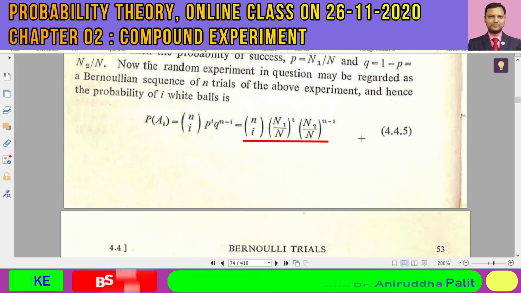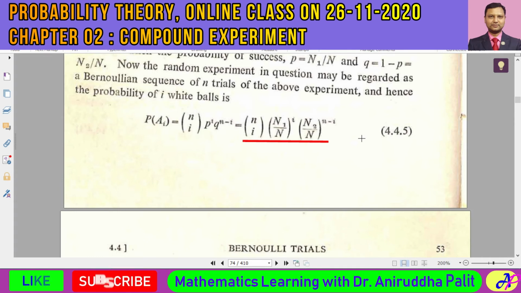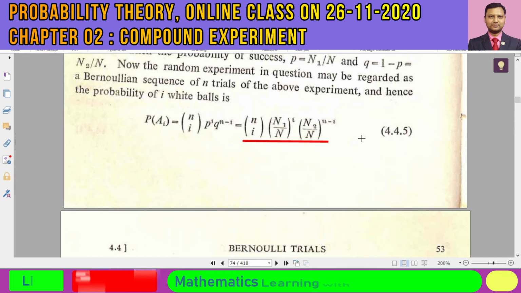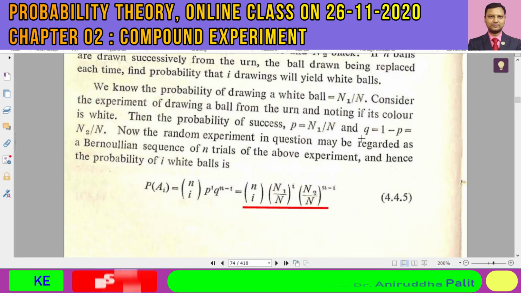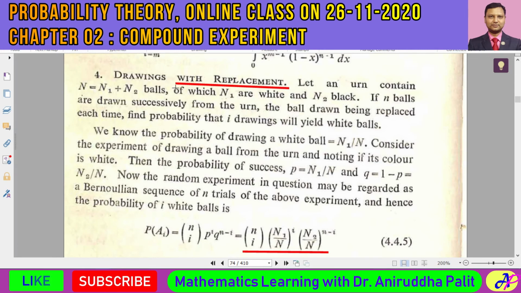That means if n becomes very large, then the probability of drawing a particular I number of balls is very close to the formula obtained with replacement.